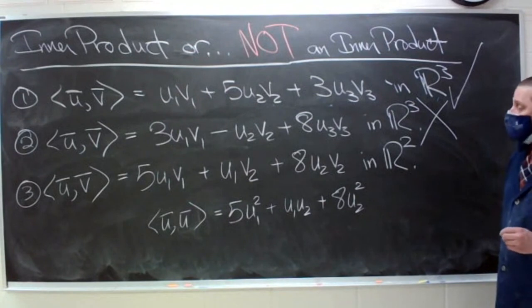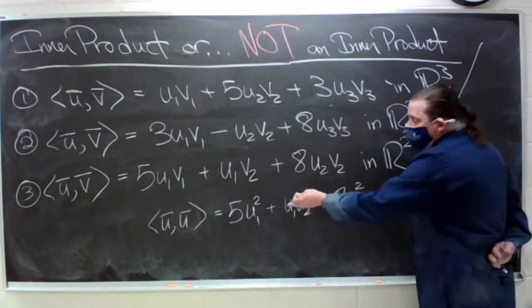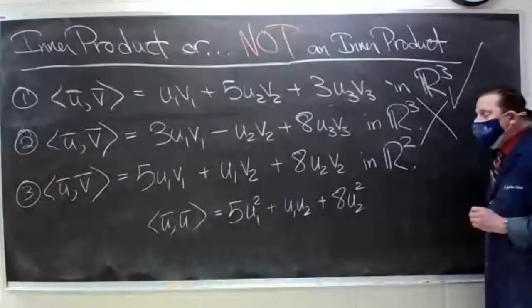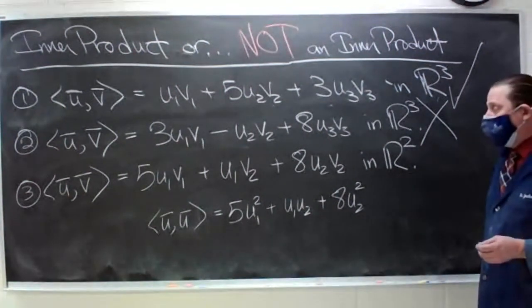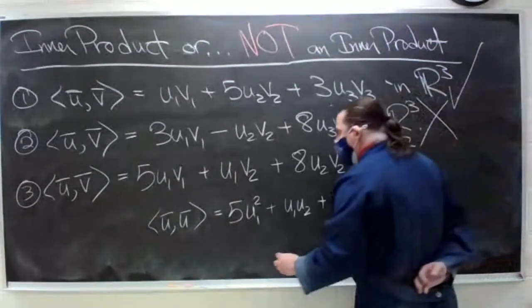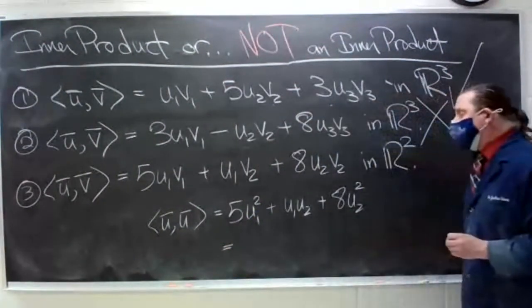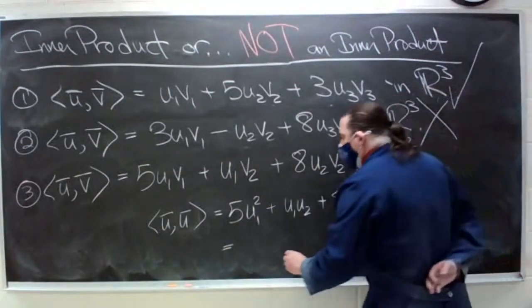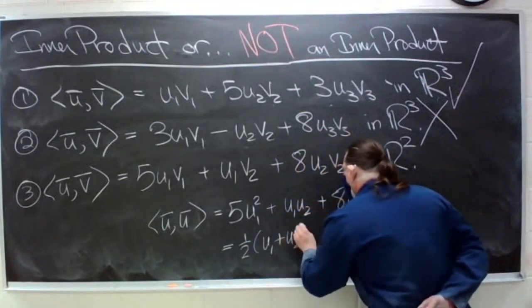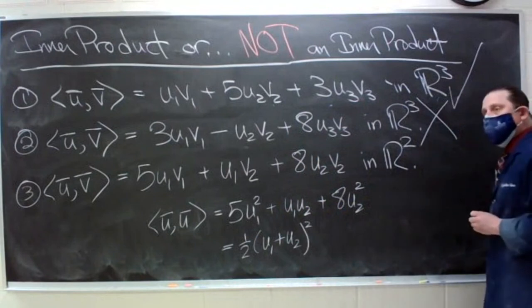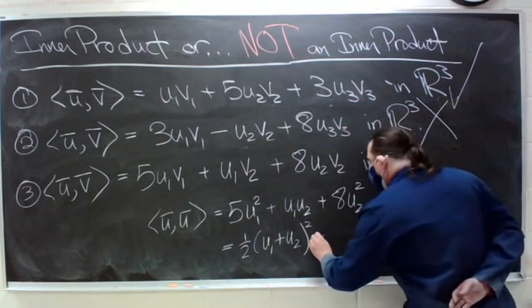All right? So if I wanted to show that this works perfectly fine as far as positivity is concerned, then I could say this is equal to 1/2 (u1 plus u2) squared, right?